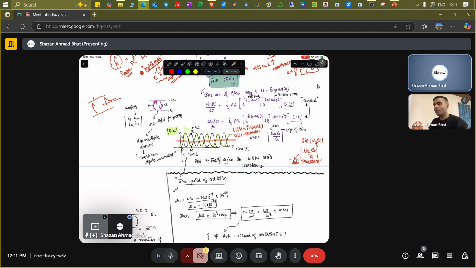That means there are 50% chances that you find these species in level 1 and 50% that you find in level 2. That is what this point represents. Exactly this point. So here the probability is exactly 0.5 wherever these sinusoidal curves overlap. I think that might be one of the questions in your assignment problem.